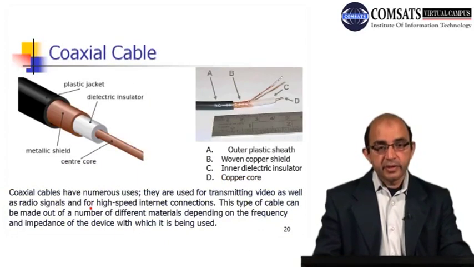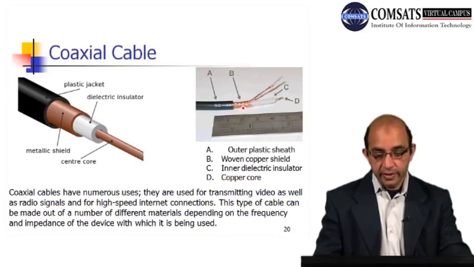Okay, so this is the real coaxial cable, right? You can see that we have a foil here, and then we have shielding, insulator, and inside we have another conductor. So A, outer plastic shield, B, woven copper shield, right? And then C, inner dielectric insulator.